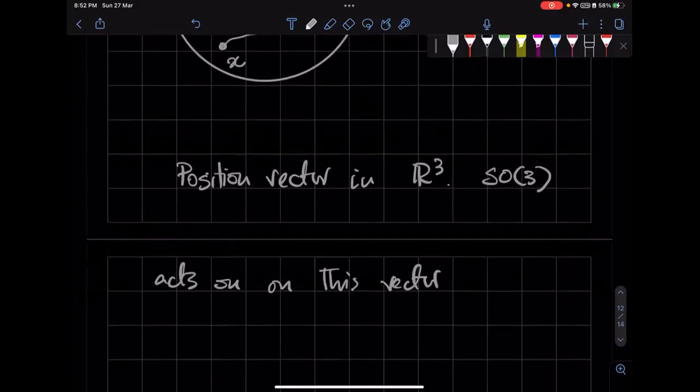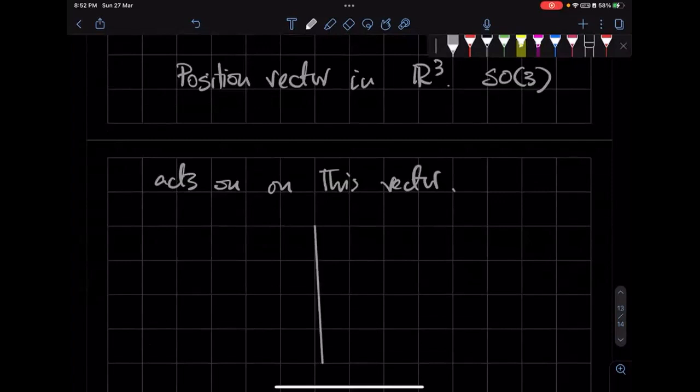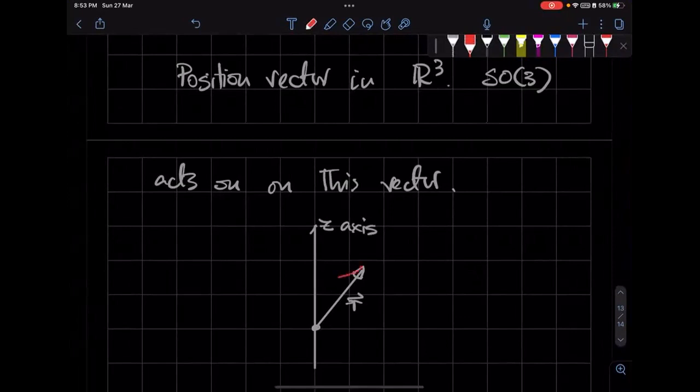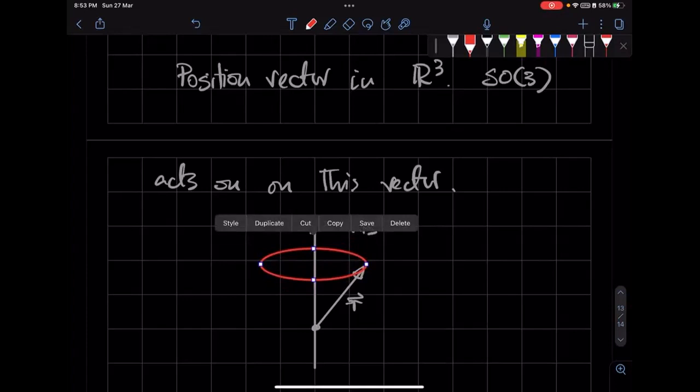Or suppose we look at this point. This is my origin, this is the vector, and this is, say, the z-axis. I apply rotation around the z-axis, and then the vector will just trace out a circle, right? So this is an example of an orbit of a group action.